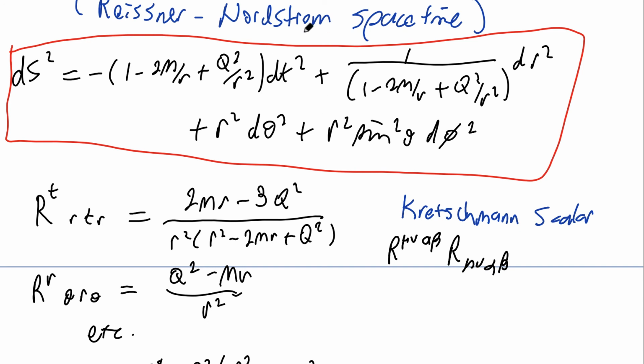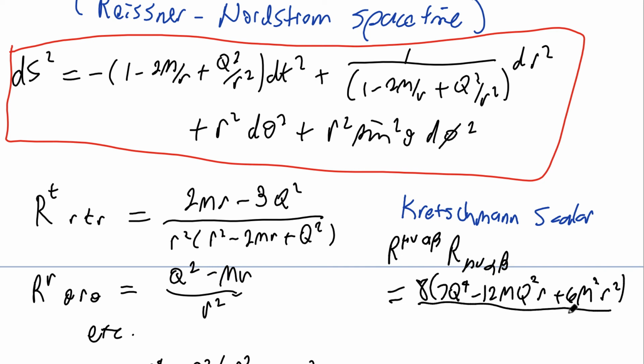And in this example of Reissner-Nordstrom spacetime, it's equal to 8 times (7q to the 4th minus 12mq squared r plus 6m squared r squared), all divided by r to the 8th.